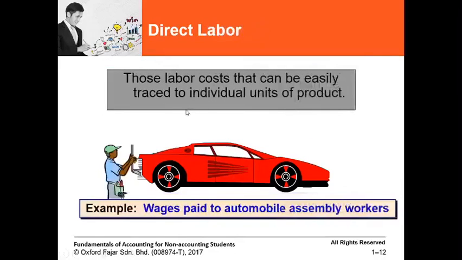Okay, direct labor is any labor cost that can be easily traced to individual units of product. For example, here are the wages or salaries paid to the automobile assembly workers.